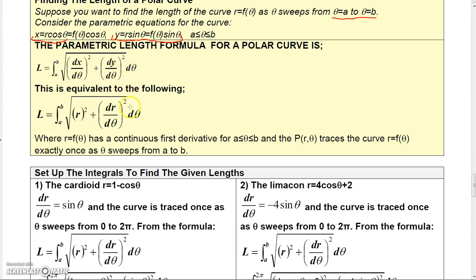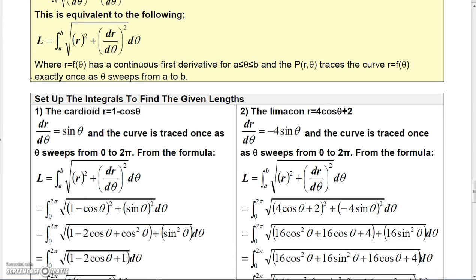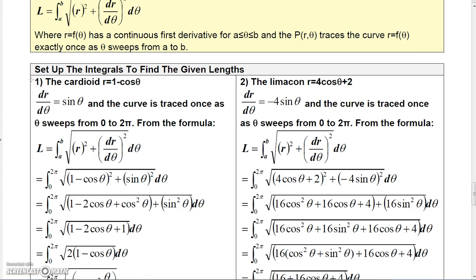Now this is equivalent to saying the square root of r squared plus the derivative of r with respect to theta quantity squared, d theta. And so we can use this formula in order to find the length of a curve, which you were probably called before arc length, but we're finding the length of a curve.